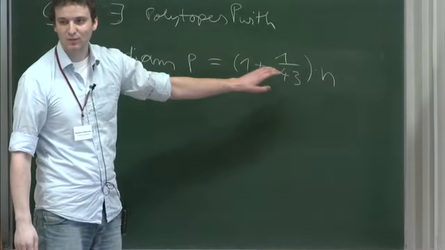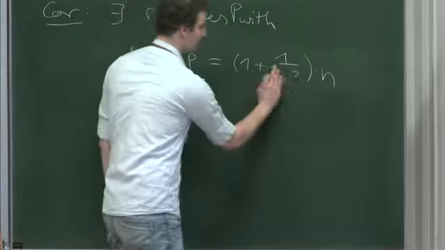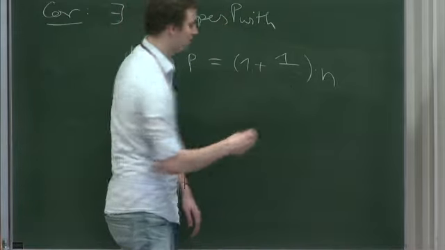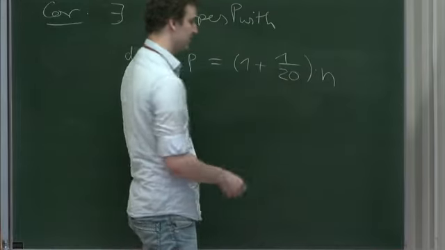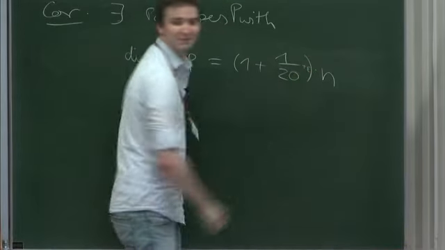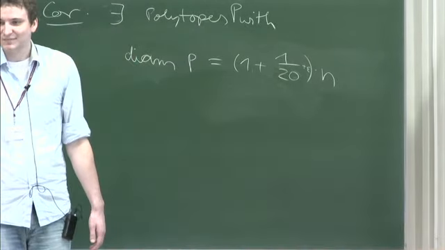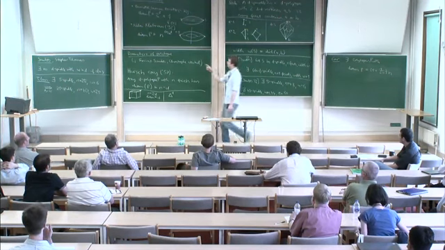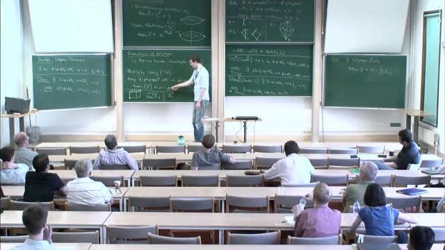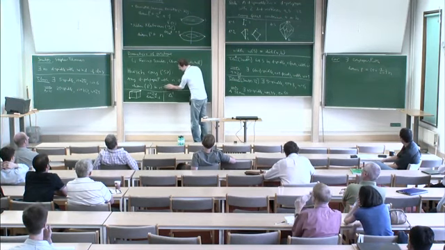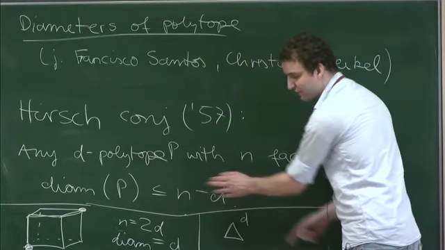This was what Santos proved, and we could make this 43 now into 20, say plus an epsilon, arbitrarily small epsilon. So actually this d is not very important. Whenever you have a counterexample to the Hirsch conjecture, then you can make this into a counterexample to such a Hirsch conjecture where you forget about this minus d.